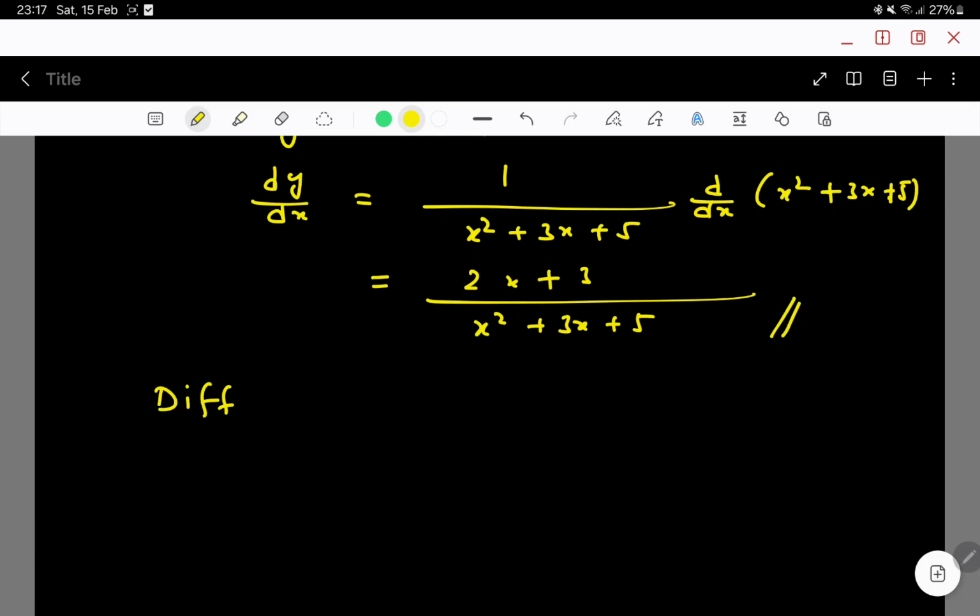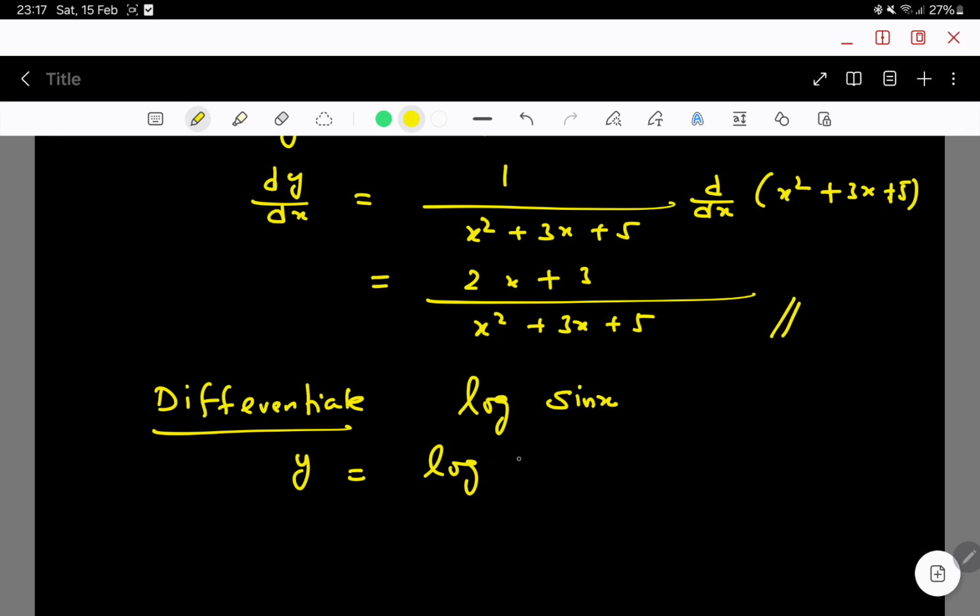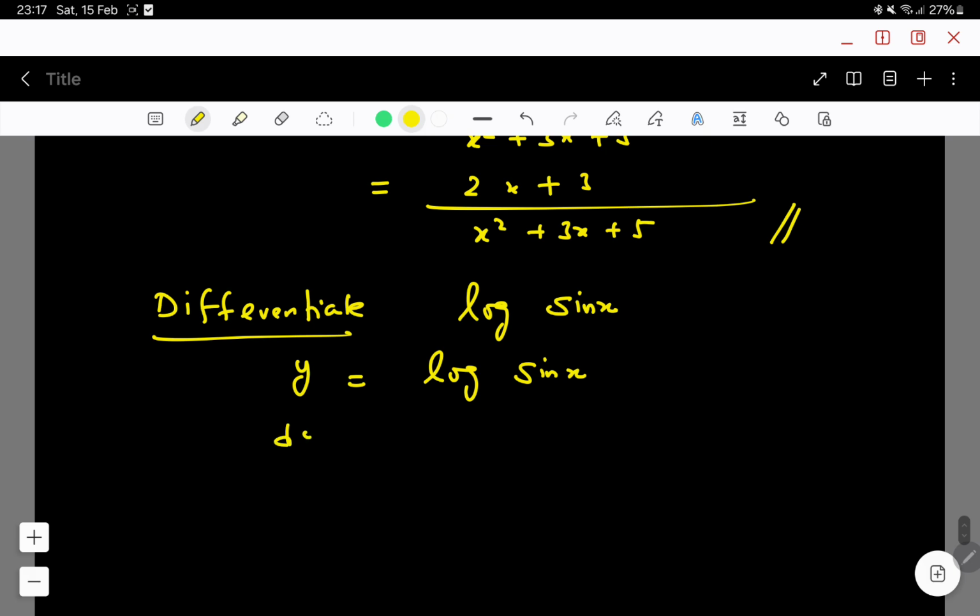Another example, differentiate log of sin x. This is a simple example. dy by dx is, again use the log rule here, 1 by sin x, then differentiating the sin x, that is f of x.